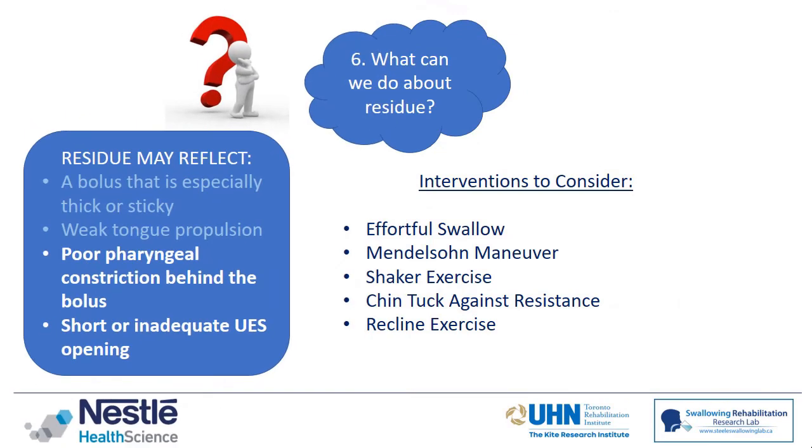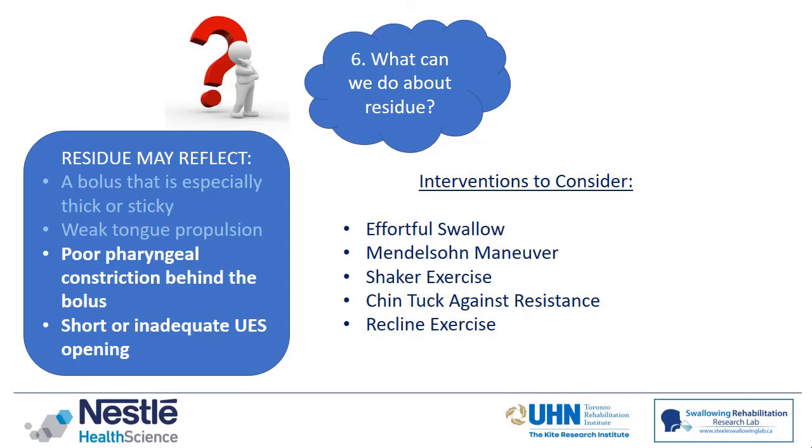In terms of treatment targeting poor pharyngeal constriction and short or inadequate UES opening, there is very little evidence in the field at the moment, and these are areas for future study using both manometric measures of pharyngeal pressure and measures of residue as outcomes. For now, however, there are several interventions that are thought to improve bolus clearance and UES opening.